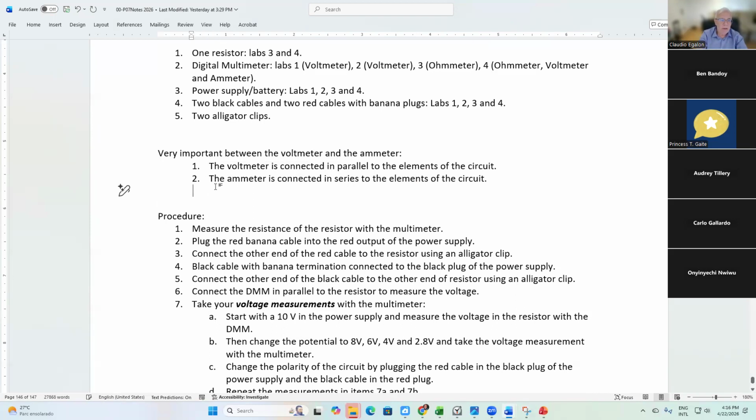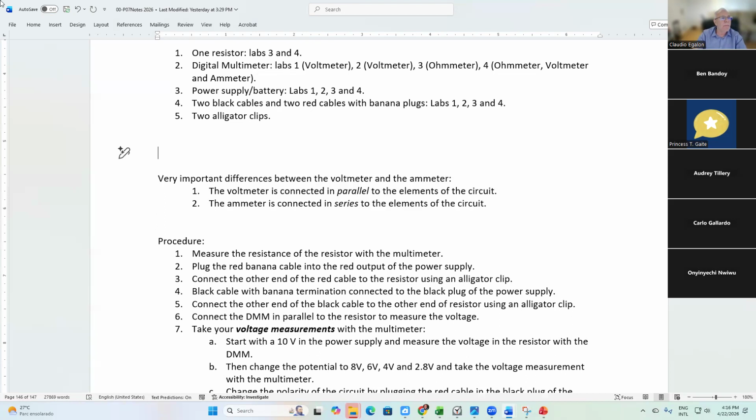See the difference? Series and parallel. Very important differences between voltmeter and ammeter. I'm going to even make a table for you.